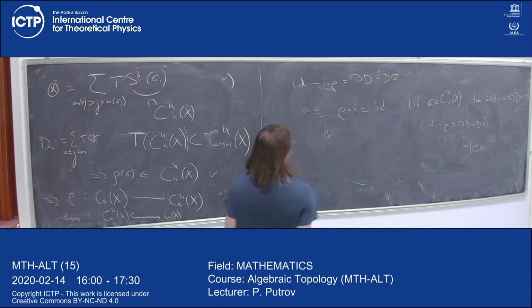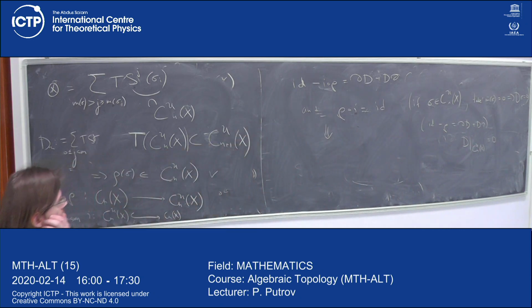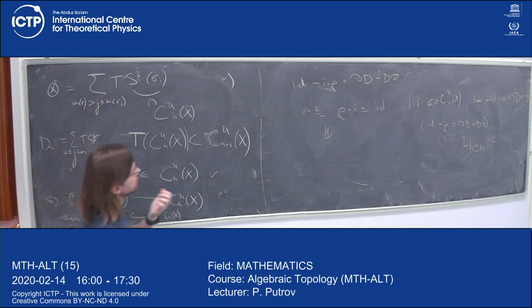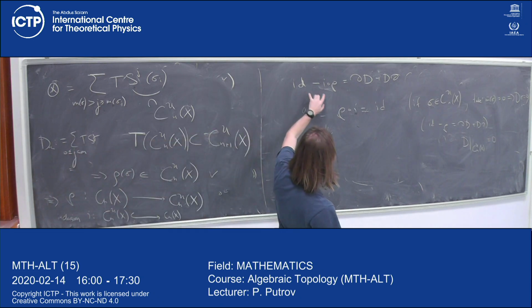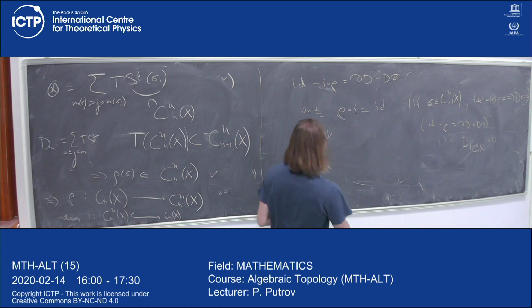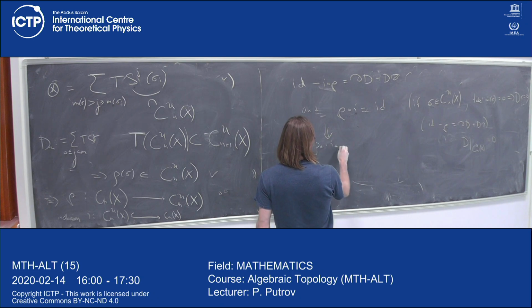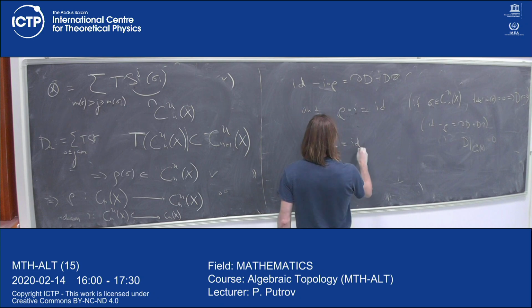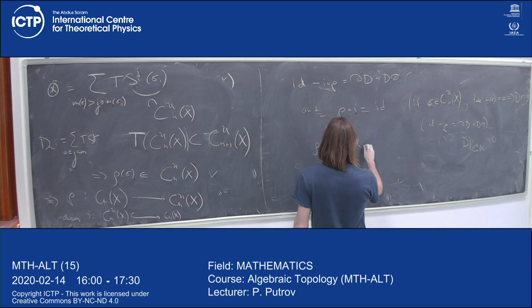So we see that this map is just identity. From this we know that the corresponding induced maps give just the identity on the corresponding homology, which is here.